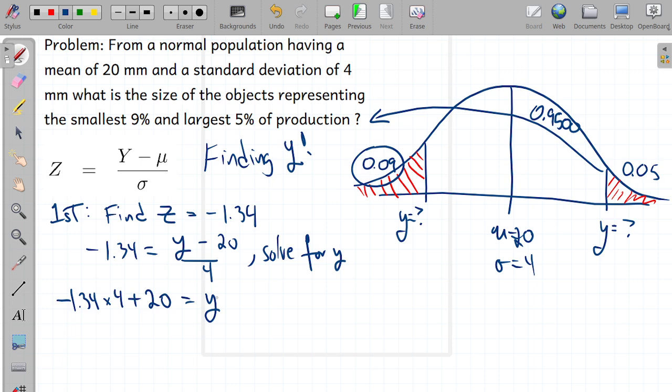The way to verify that you haven't screwed up, because you can lose the negative sign, because we're on the left-hand side, whatever the answer is, it's got to be smaller than 20. And I get 14.64, which seems to be quite reasonable.